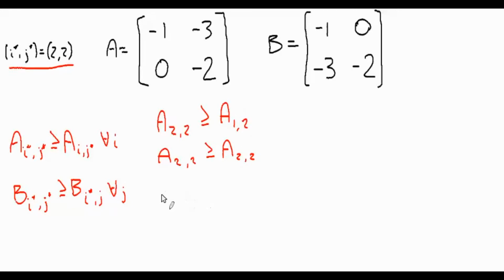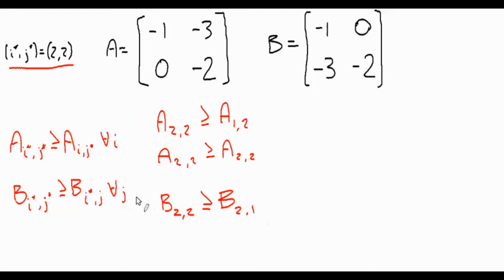Now let's do B. B is for all J, so J takes on values of 1 and 2. So B I star comma J star on the left-hand side is B 2 comma 2. That's greater than or equal to, on the right-hand side, we'll take J's value of 1 first, so that's B 2 comma 1.